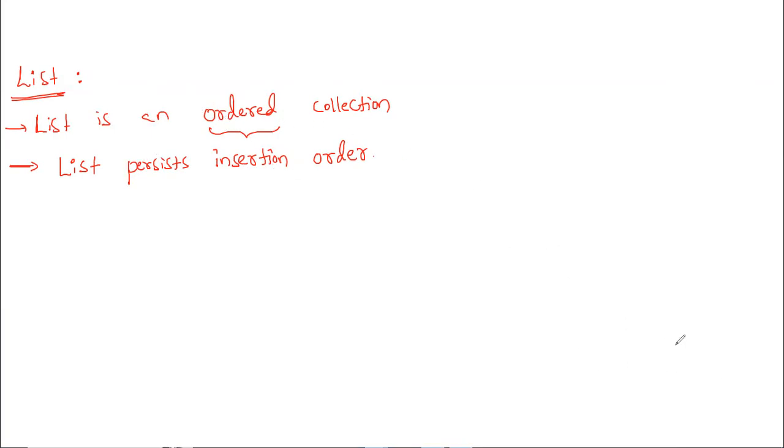It is an ordered collection, and this order is nothing but insertion order. However the programmer enters the values into this list, the same way those elements will be stored in the collection. Then does list allow duplicates? Yes, list allows duplicates.